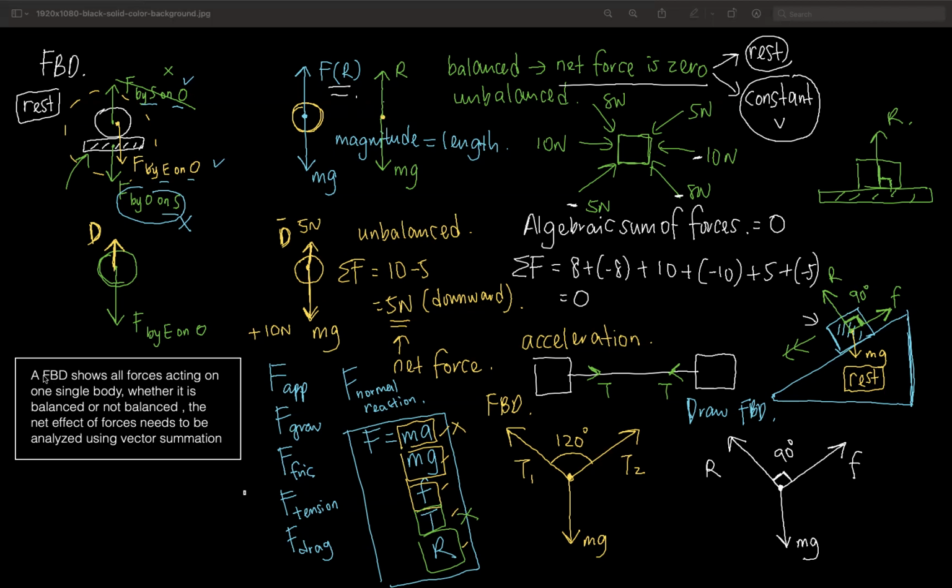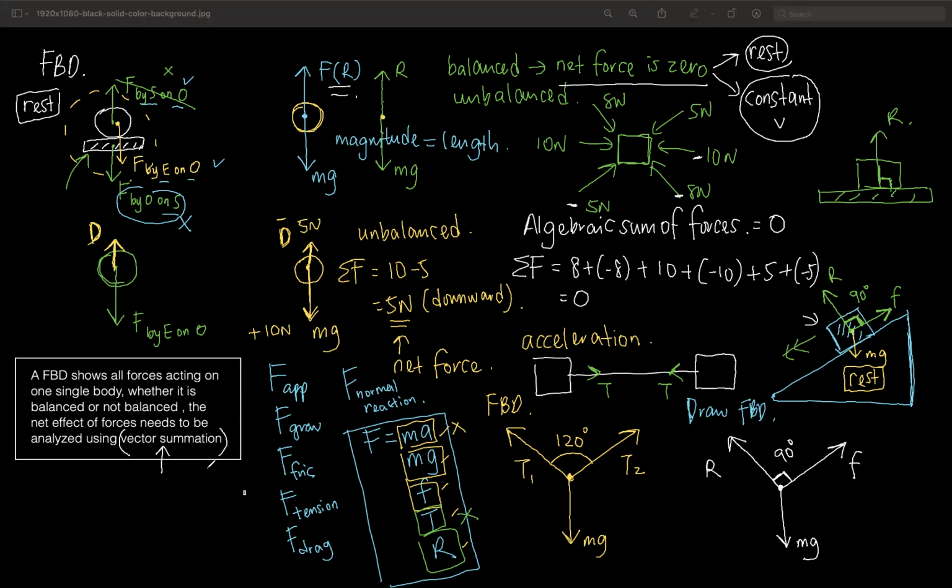A free body diagram shows all forces acting on one single body. Whether it is balanced or not balanced, we have to analyze the forces by finding whether there is a net effect of forces using a method called vector summation.